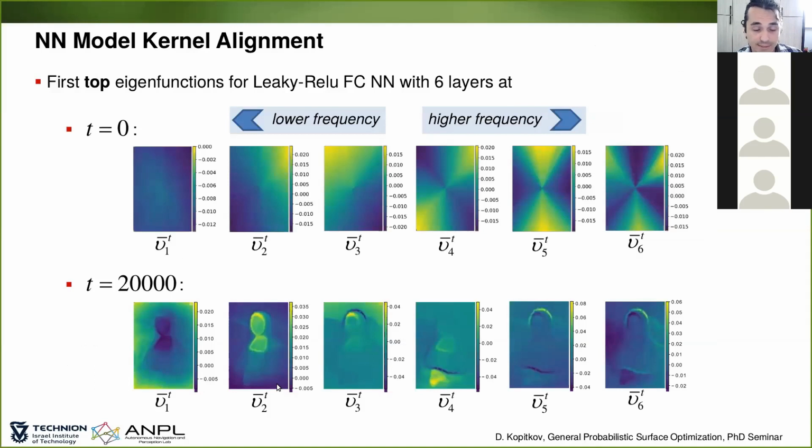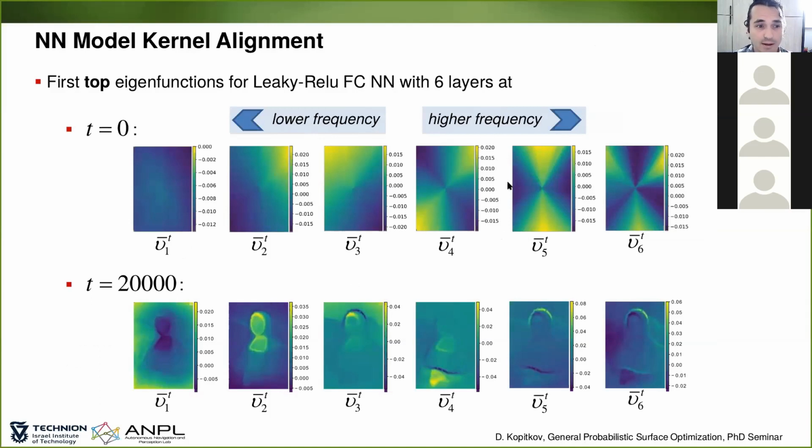So one particularly important observation is the following. For a Leaky ReLU fully connected neural network with 6 layers, we can draw the eigenfunctions at time 0, at the initialization of the neural network, and we can see that there's nothing special about these eigenfunctions. It's like some rays of light.